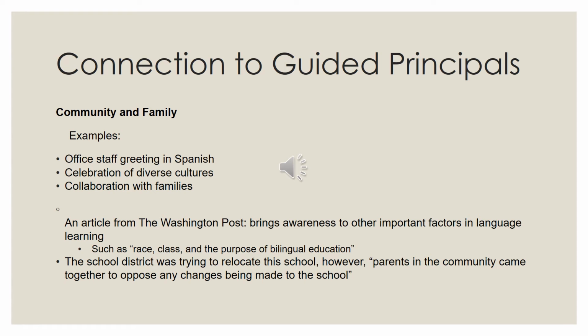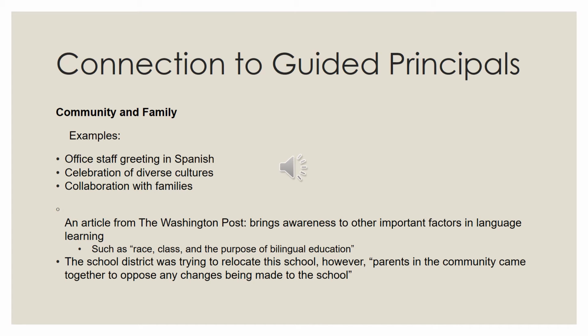We also read a really neat article from the Washington Post about the success of an immersion school, and they said it brings awareness to other important factors in language learning, such as race, class, and the purpose of bilingual education. Throughout our learning of immersion and language development and bilingual education, we have learned that it is so important that people understand the importance of a bilingual education and what the real purpose of it is.